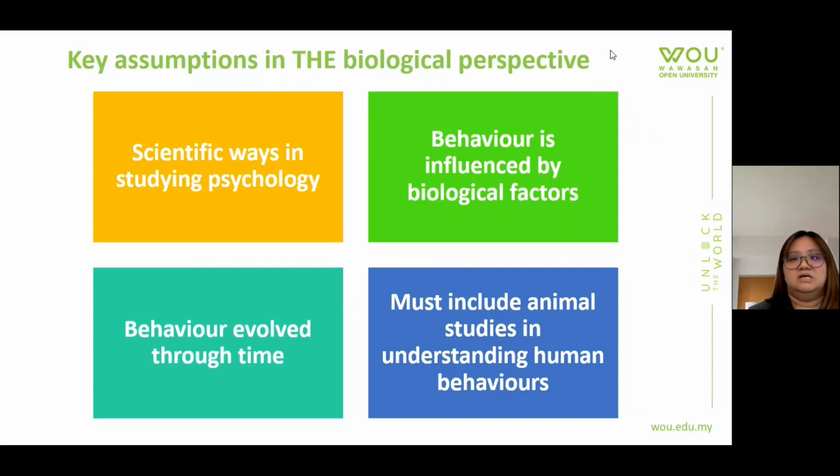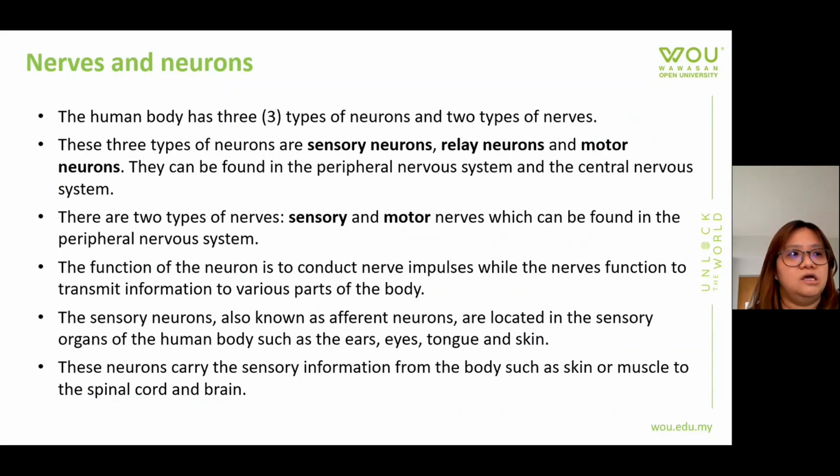So after we learn about the key assumptions, we know about the historical context of the biological perspective. Let us now go to the basic functions of the brain, our human brain, and how it relates to our personality, our behavior, our emotion regulation, etc. From the fundamental parts of our brain, our body is actually made from a large amount of neurons and nerves.